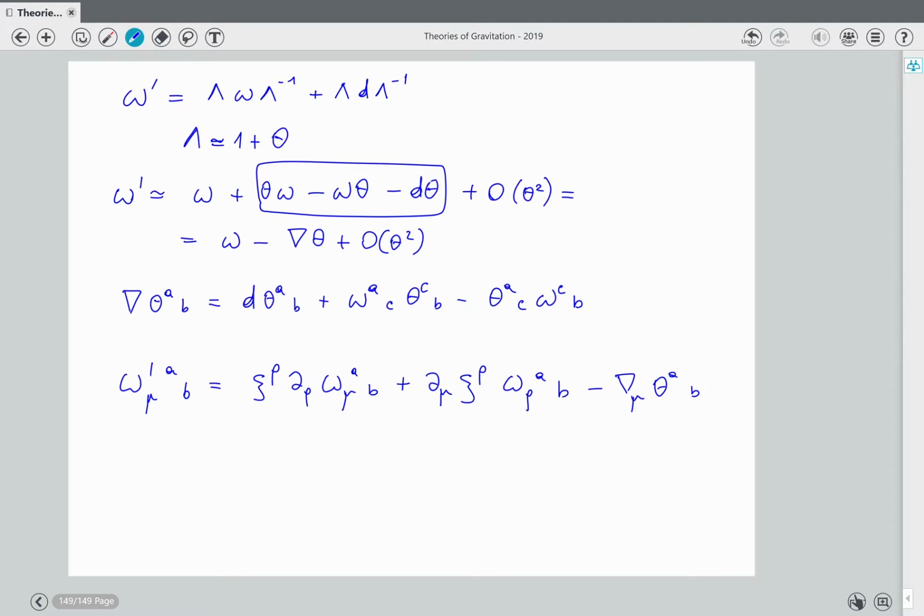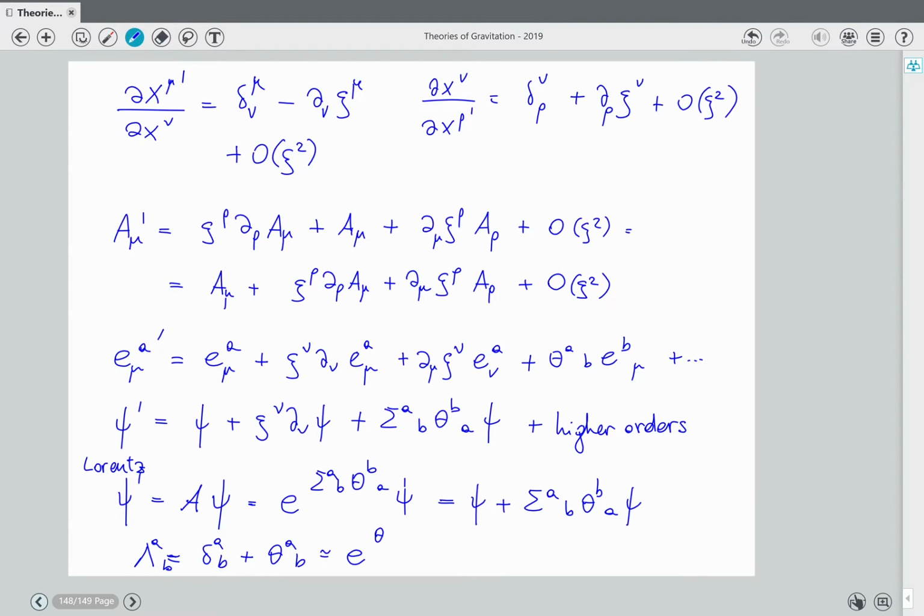So this is plus higher orders. When here I have dots, it doesn't mean that there is something missing, it simply means plus higher orders. It's better to write it down explicitly.